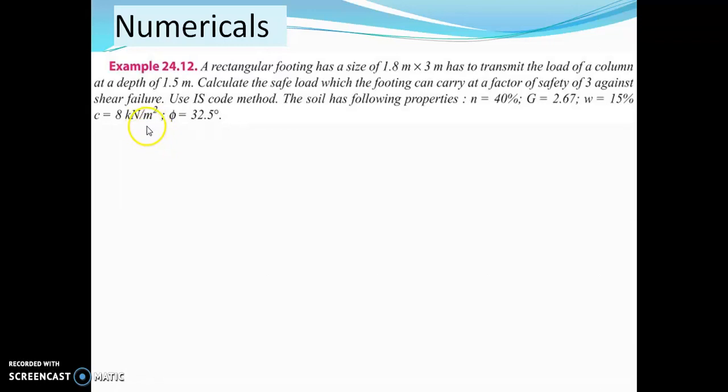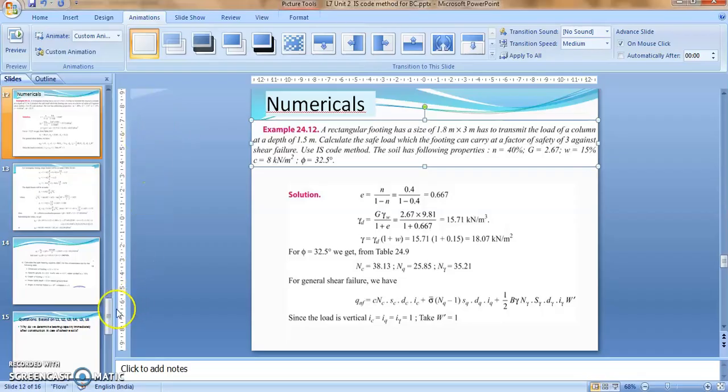Now, before we start solving this particular problem, the first decision we need to arrive at is which equation for bearing capacity we are going to use. In the IS code method, we have studied 4 different equations.